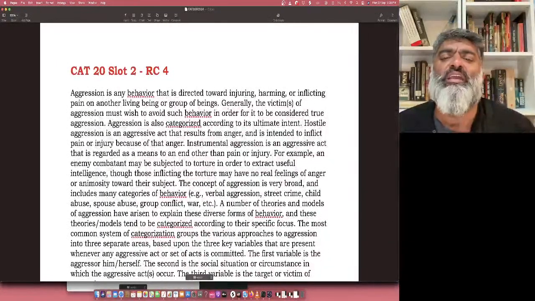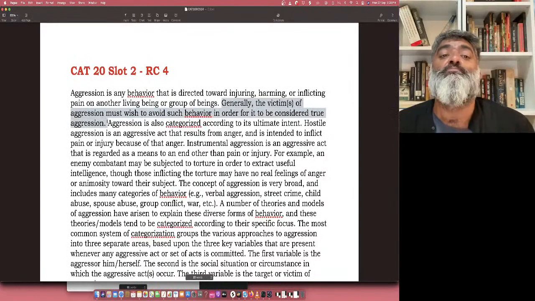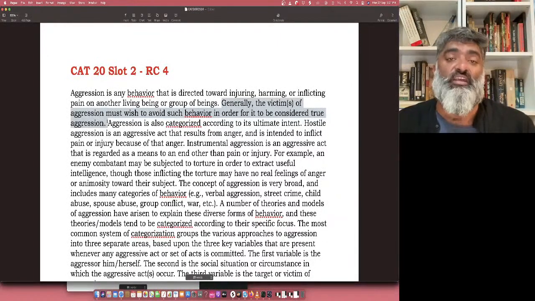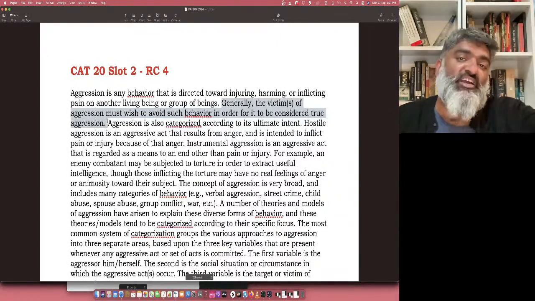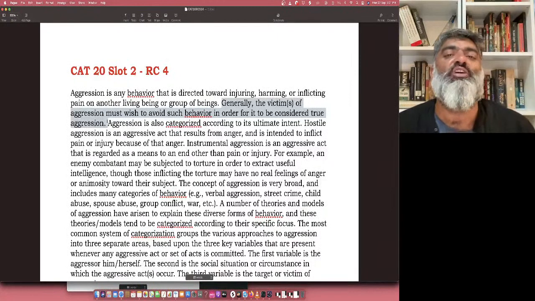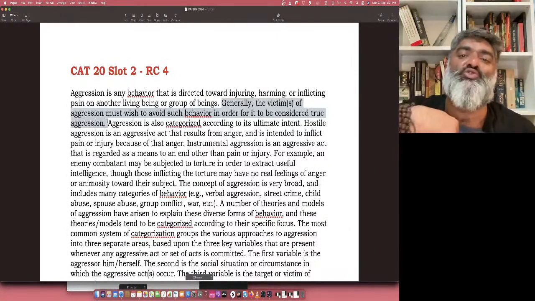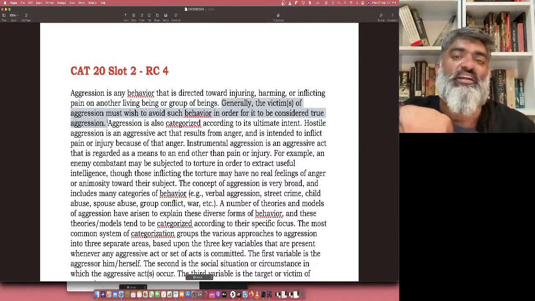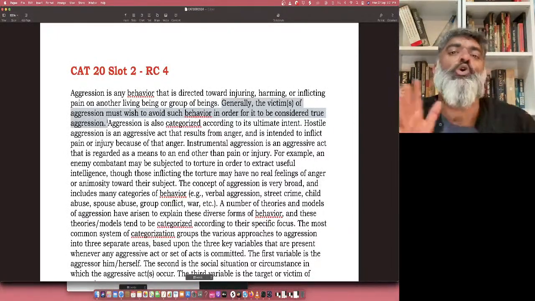So, if I go to the beginning of the paragraph, it said generally the victim of the aggression must wish to avoid such behavior in order for it to be considered true aggression. So, if you're trying to attack someone, the other person must be trying to run if you want to really call it aggression. But in the case of suicide, the victim is also you, and there is no avoiding it, though there is an aggression. I hope we are getting this.